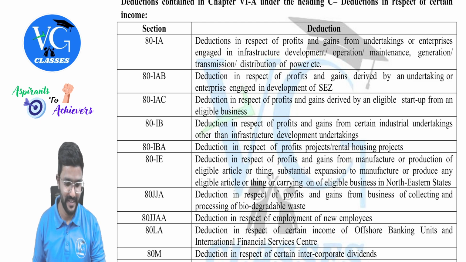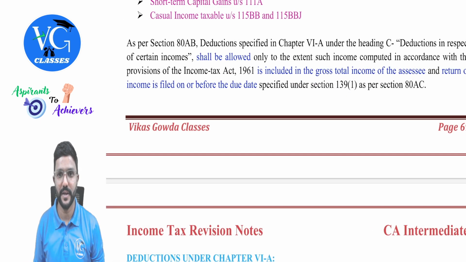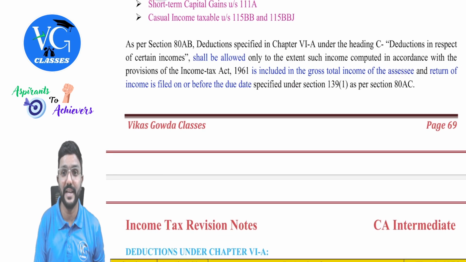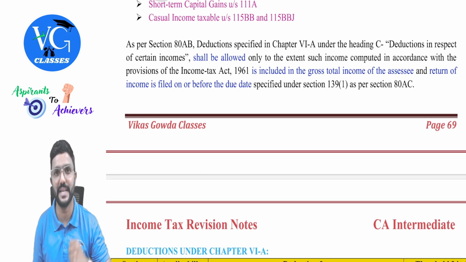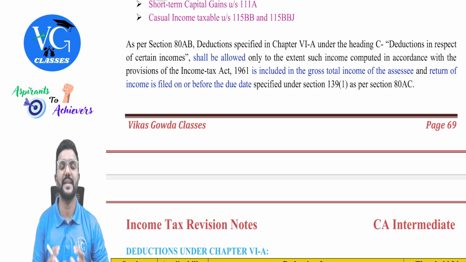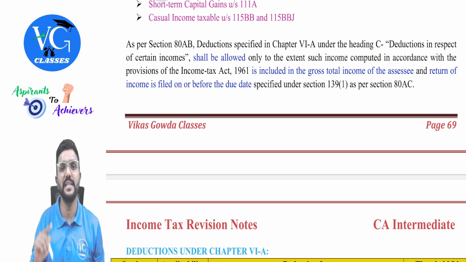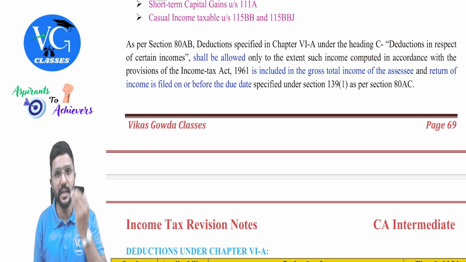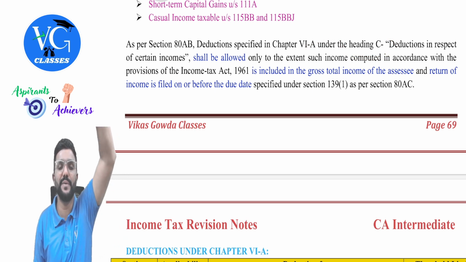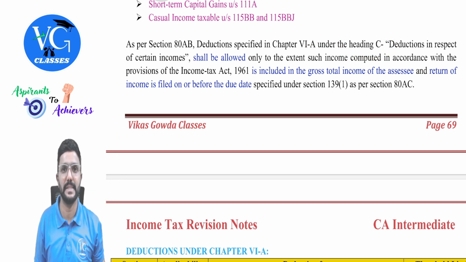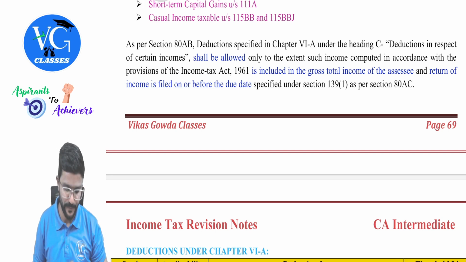Got it? Yes. Similar to loss returns, where only if the assessee files the loss return within the due date can he carry forward the loss, except house property loss and unabsorbed depreciation. In the same way here, if the assessee wants to claim any deductions under heading C, first file the return within the due date and include that income under the respective head, then go and claim the deductions under the respective section.